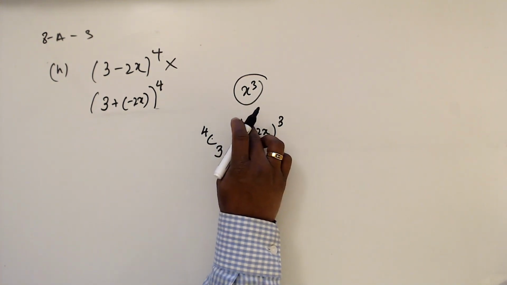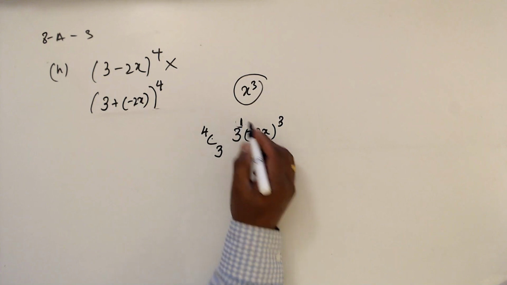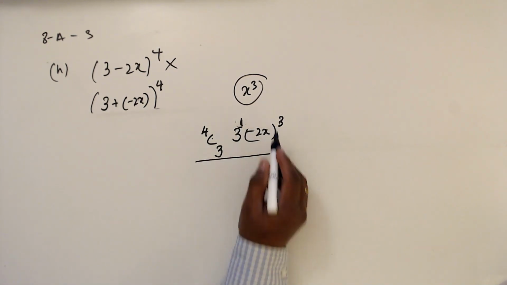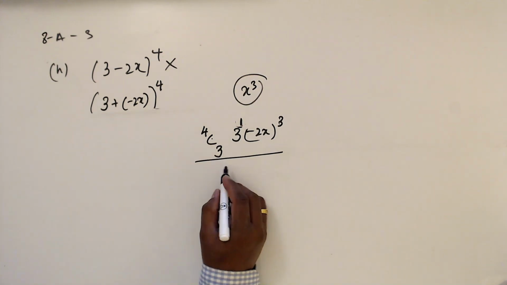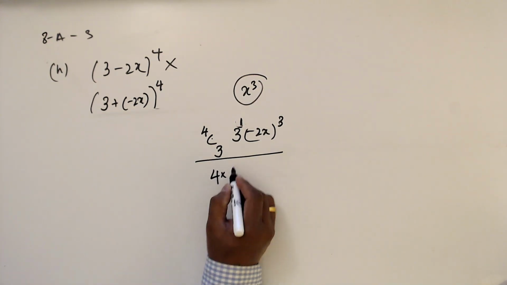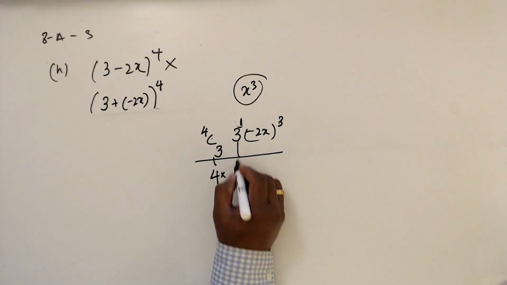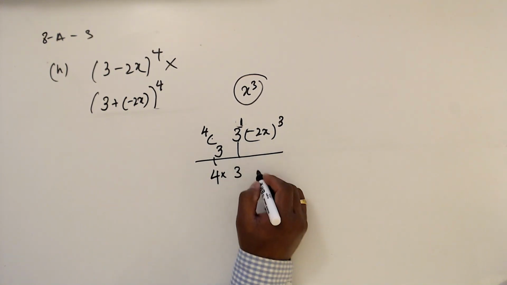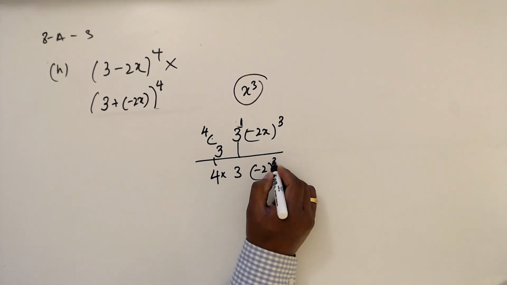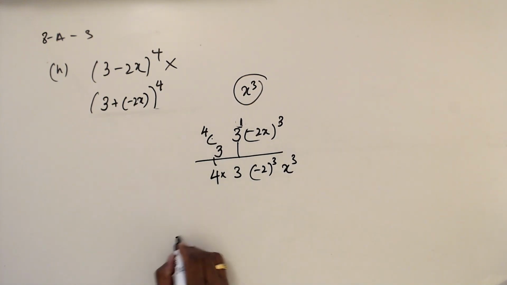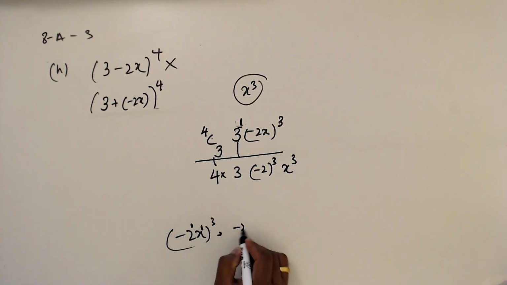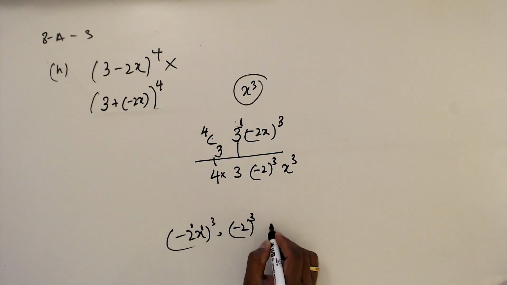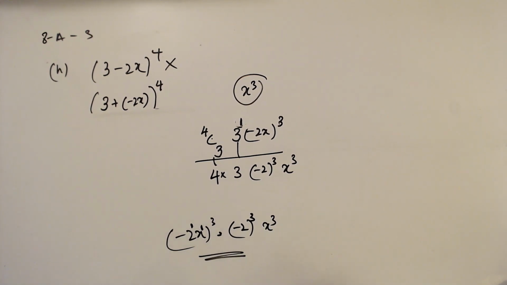So we managed to write the x cubed term now. 4C3, we worked out, is 4, and this is going to be the power 1 term, and this is going to be minus 2 cubed x cubed. That's how I break this one.